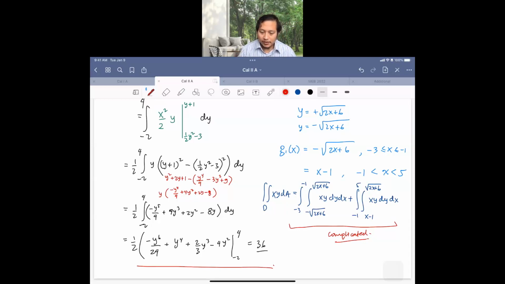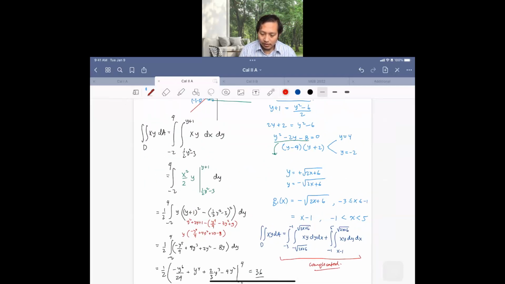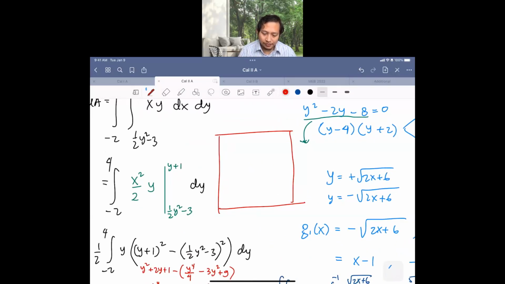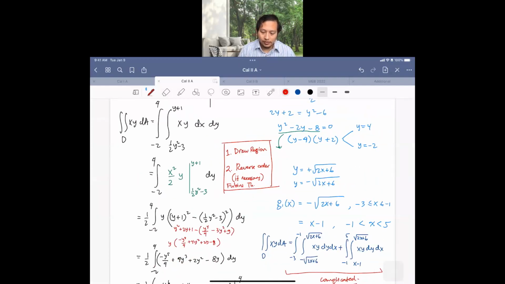So the necessary way or work that you can imagine in this part is, first, draw the region. That's necessary, I think. Second, reverse the order if necessary, using the Fubini theorem. So you can try dy dx or dx dy, which means that if you can take function of x and that's easier, then do the function of x.